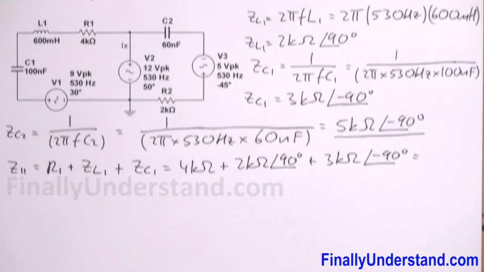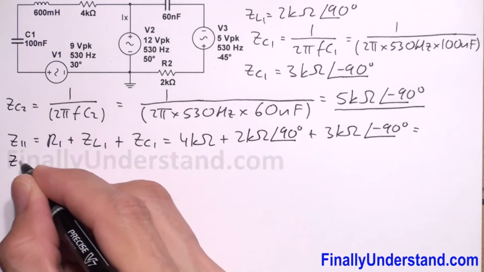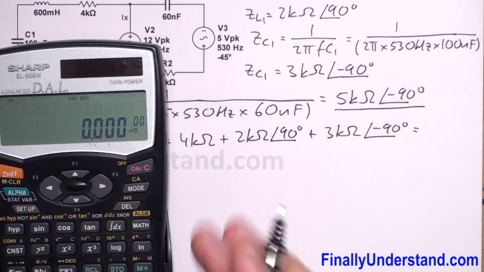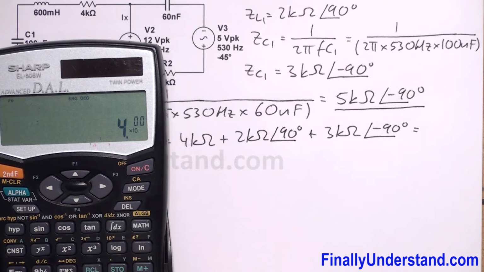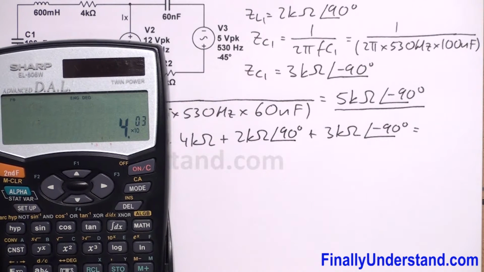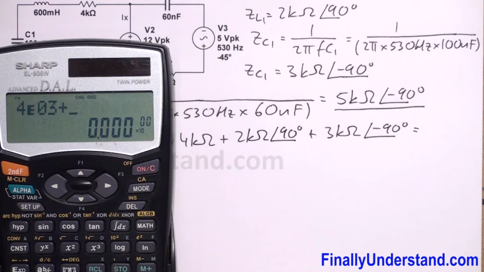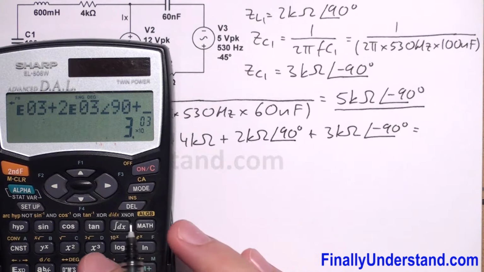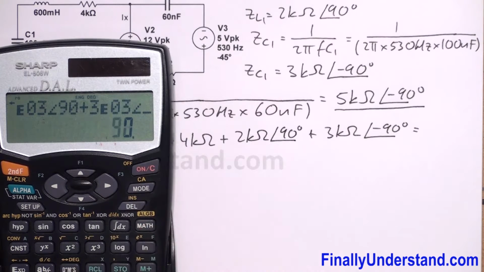This is equal, so I have Z11, I'm going to use the calculator, so I have 4 exponent 3 plus 2 exponent 3 and angle of 90 plus 3 exponent 3 and angle of negative 90.